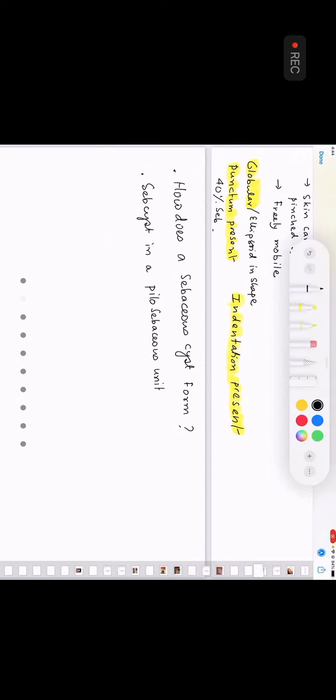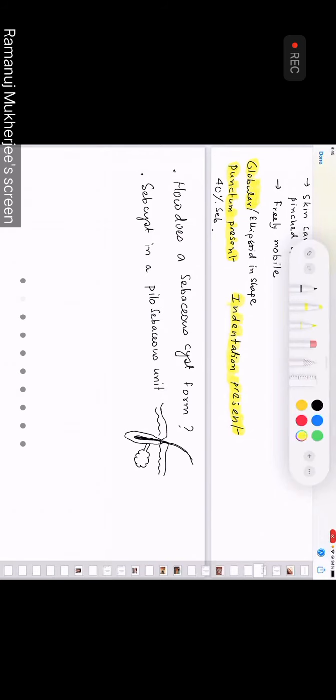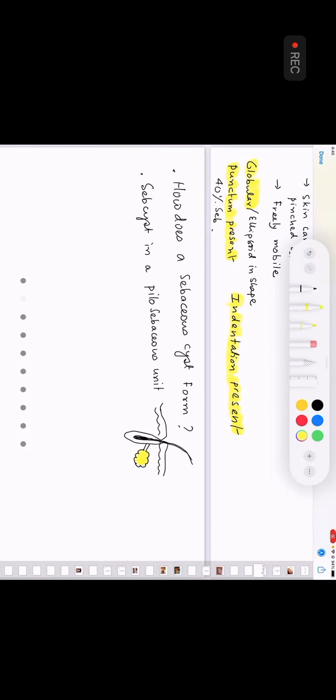What is a pilosebaceous unit? Something that you get to see in the Sunday newspaper shampoo ads, the hair growing ads. Now, what is this gland-like material? What is it containing? The yellow colored thing. It is sebum. Very good.